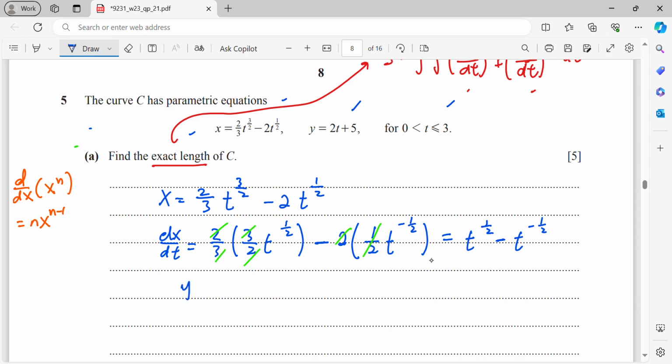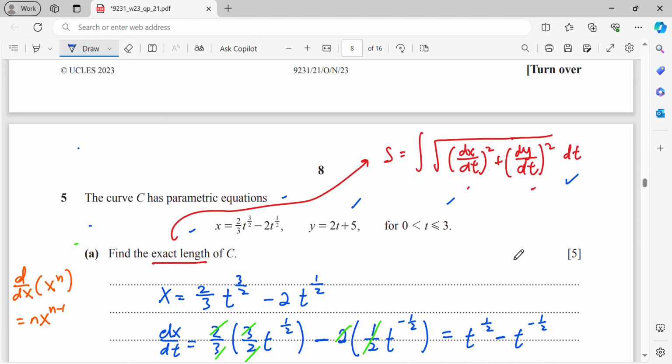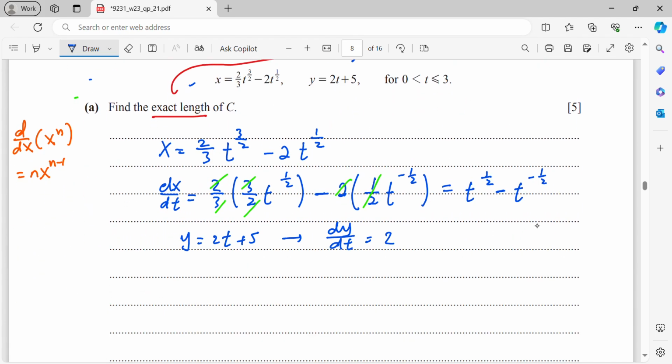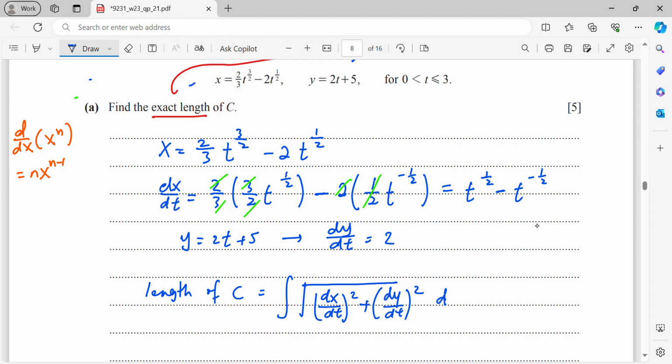Okay, now my y equals 2t plus 5. That means my dy over dt will be 2. Now I substitute into this formula to get the arc length of C. So I will write length of C, that is integrate square root of (dx over dt) squared plus (dy over dt) squared, then t from 0 to 3.